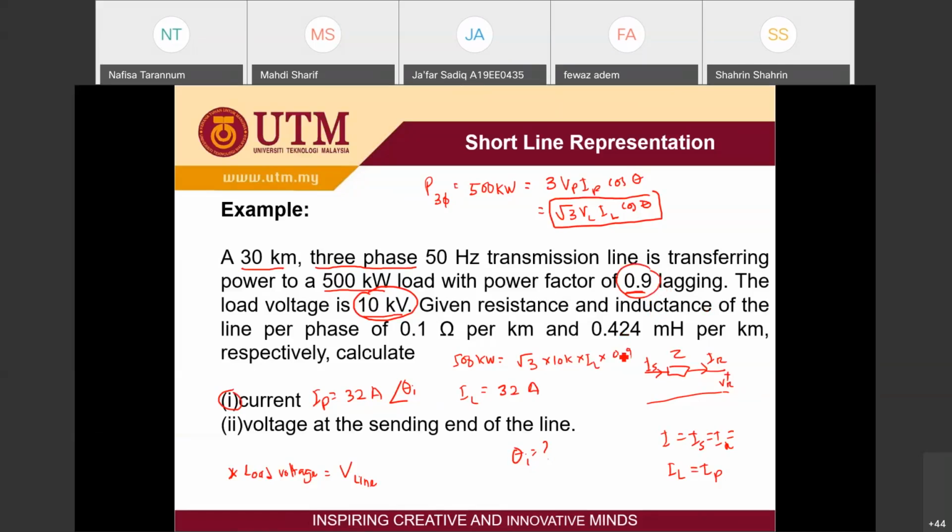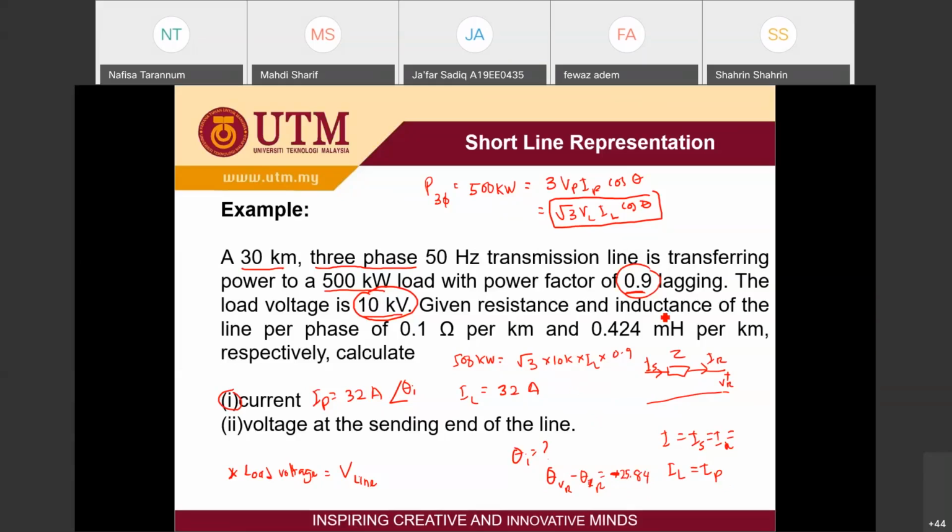So 0.9 in cos inverse, the angle of theta V minus theta I at the receiving end is around 25.84.